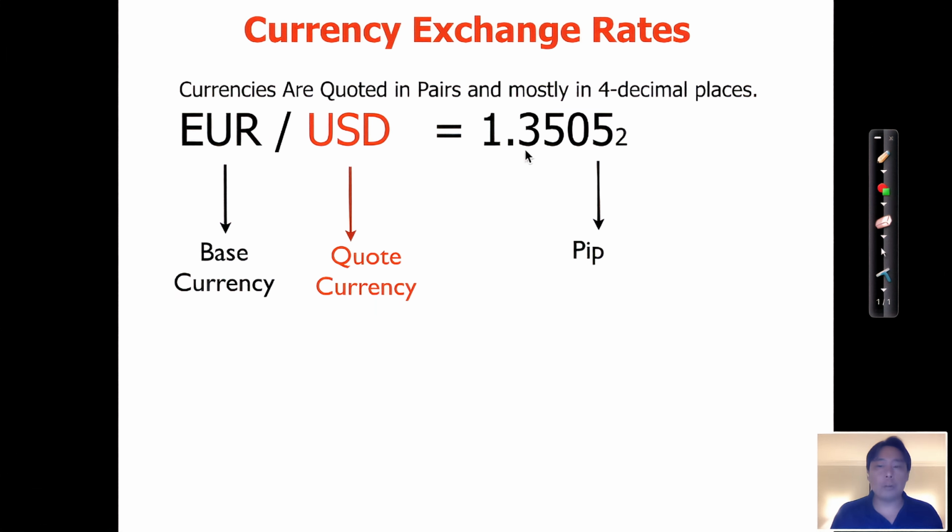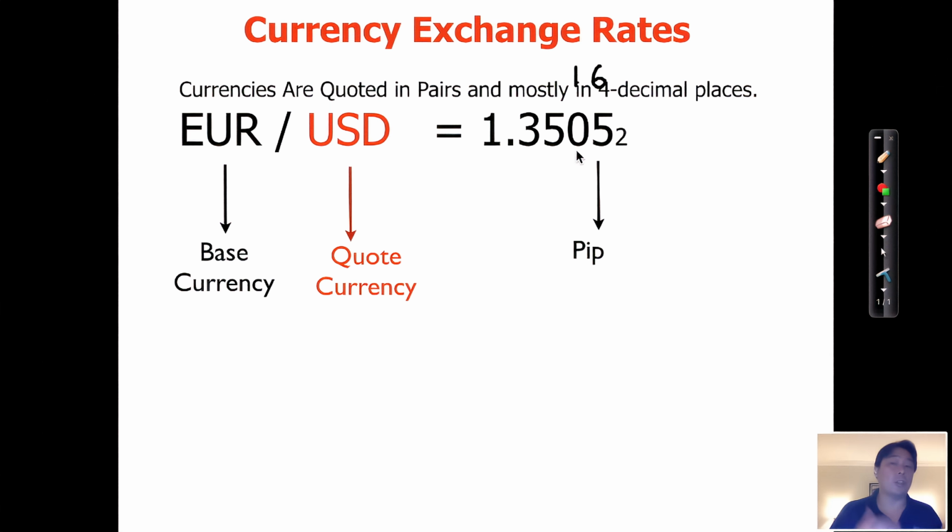Now, if it goes from 3505 to 3506, what does it mean? It means that the Euro USD has gone up by 1 pip, because from 5 to 6, it's 1 pip. Does that make sense? Now, if it goes from 3505 to 3516, what has happened?